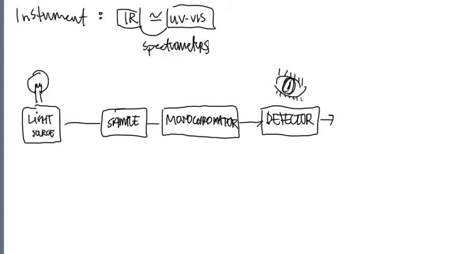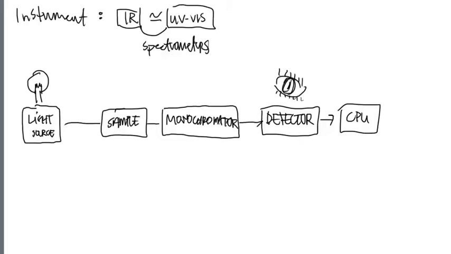And then finally, we can take this signal and give it to some kind of computer software or some kind of amplifier that gives me a signal maybe on a computer screen or a recording device. All right, so light source, sample, monochromator, detector, and then the computer. Same pieces and parts really that we used before. There's no major differences at all.